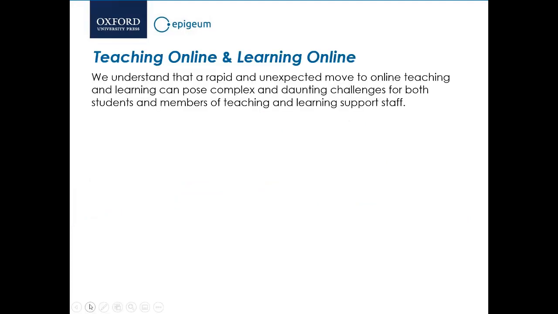Those courses are Teaching Online, Next Steps in Design and Development, and Learning Online, Essential Skills for Success. 2 resources which we have developed on an accelerated timescale as a direct response to the challenges and opportunities associated with our recent transition to online teaching and learning following disruption caused by COVID-19.